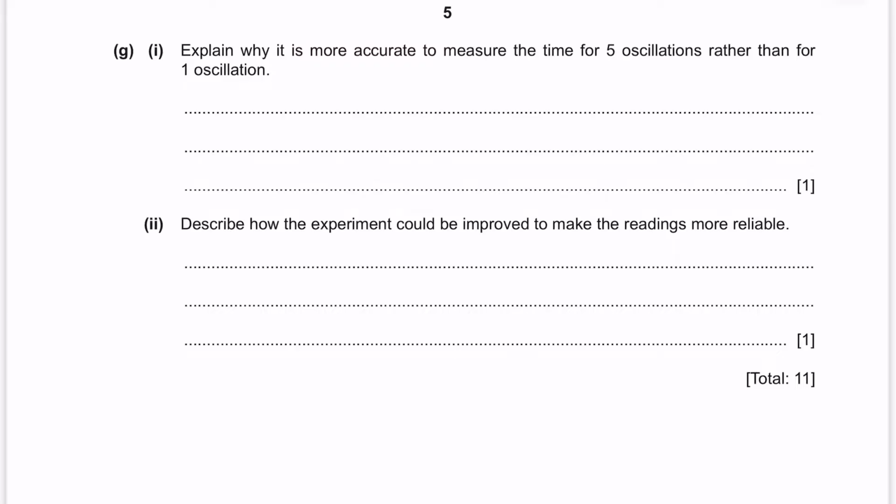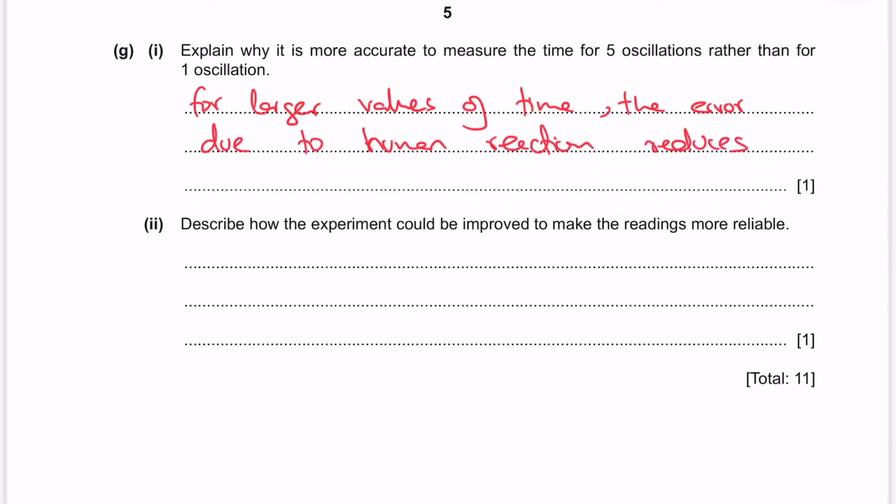G part 1, explain why it is more accurate to measure the time for 5 oscillations rather than for one oscillation. So basically, I'll give you a complete logic. You have to write it in a short form, it's 1 mark. So for larger values of time, the error due to human reaction time reduces in percentage.